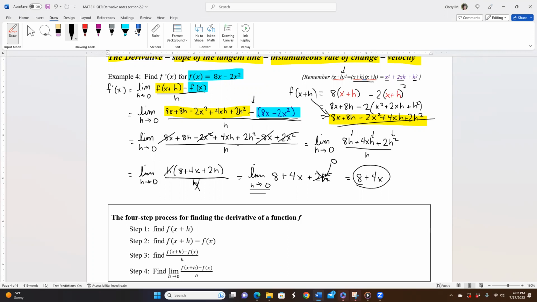I kind of put it all in the same problem, but it says to subtract those, that's where we got 8h plus 4xh plus 2h squared over h. And then we find the limit as it approaches 0. That is the process. In our next video, we will practice a few more.